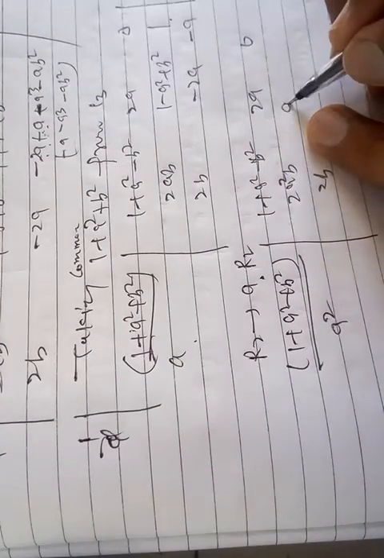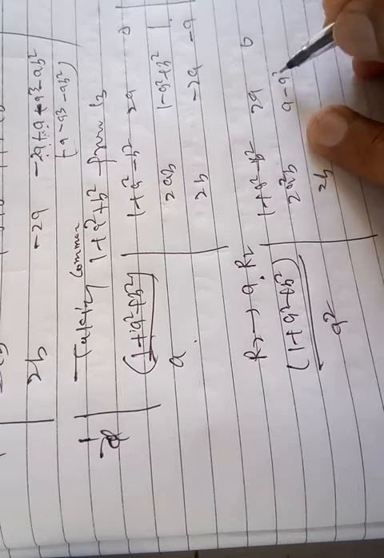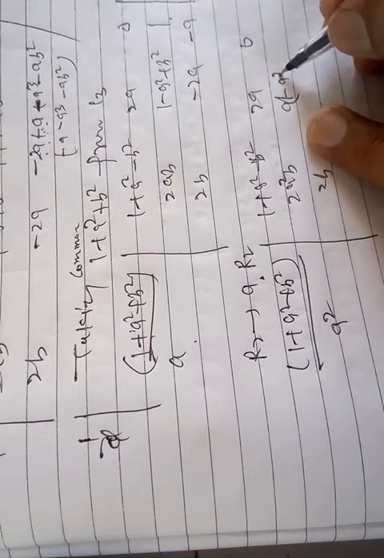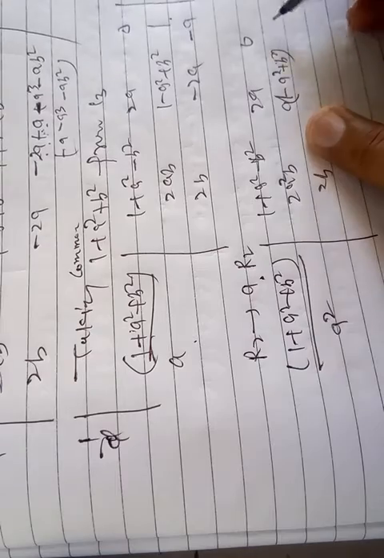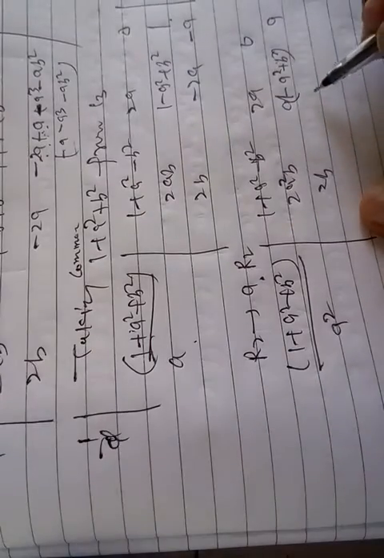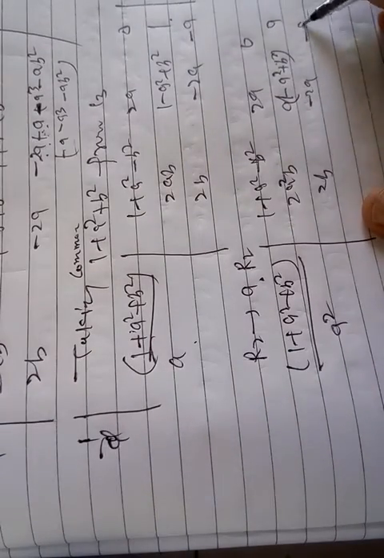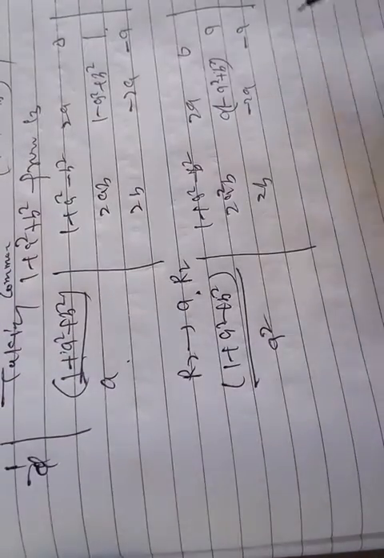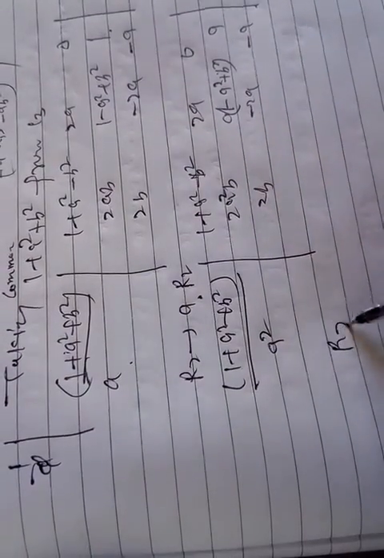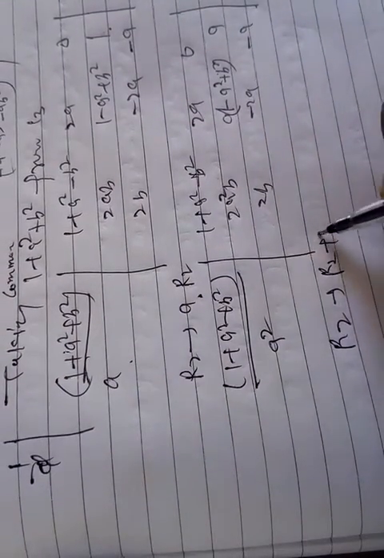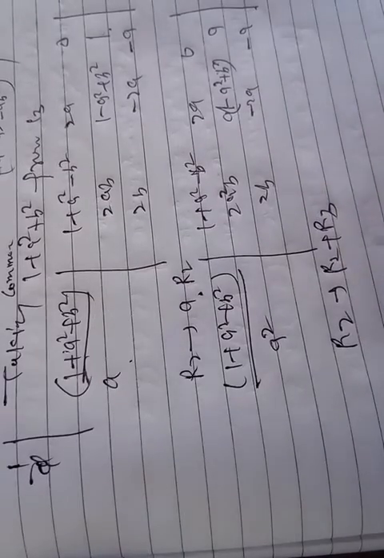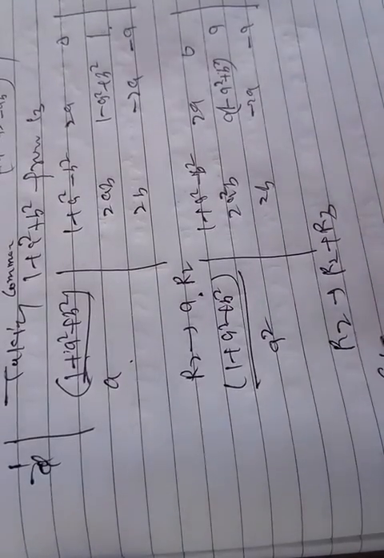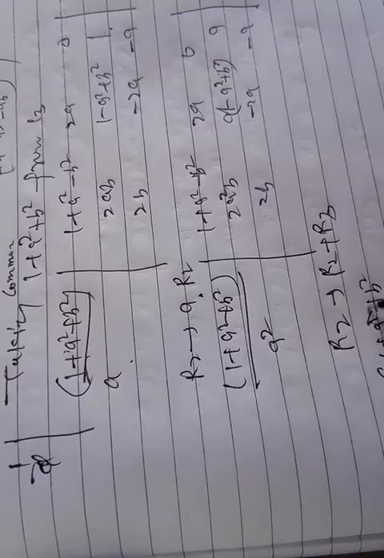So this a minus a cube, a into 1 minus a square plus b square, this a, 2b minus 2a minus a, and adding R2 changes to R2 plus R3, 1 plus a square plus b square upon a square.